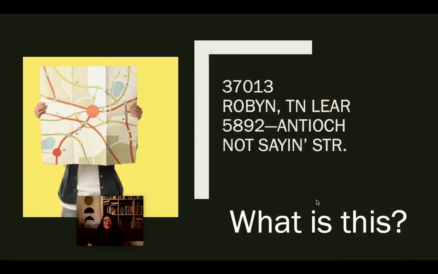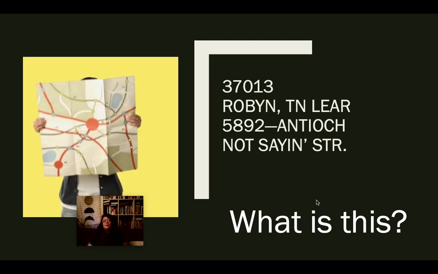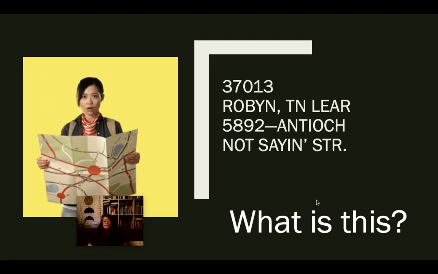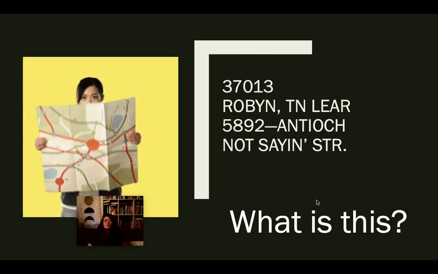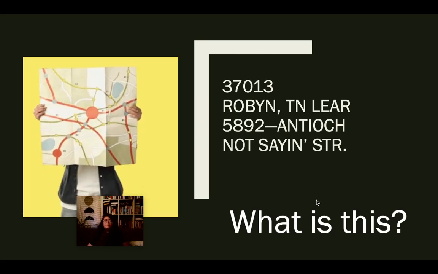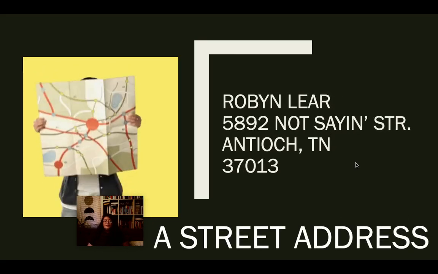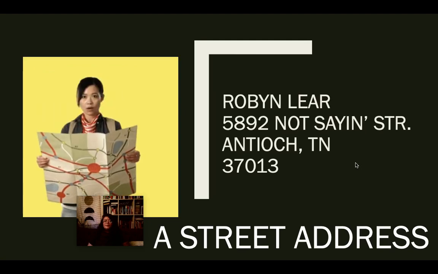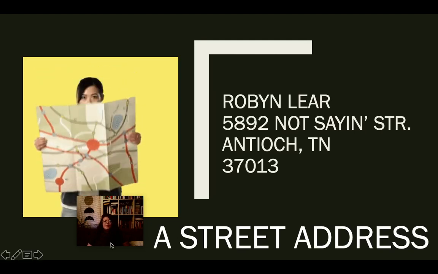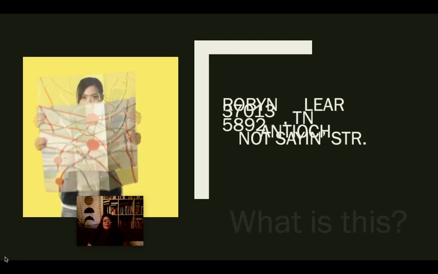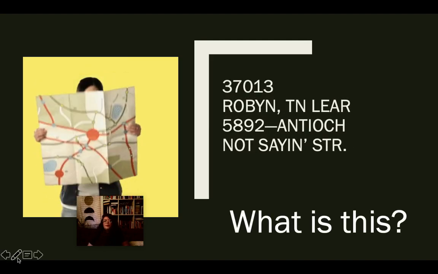All right. So now what I want you to do is, what is this? It's hard to tell, right? Because this is a street address, but because the format of it is off, it's very confusing.